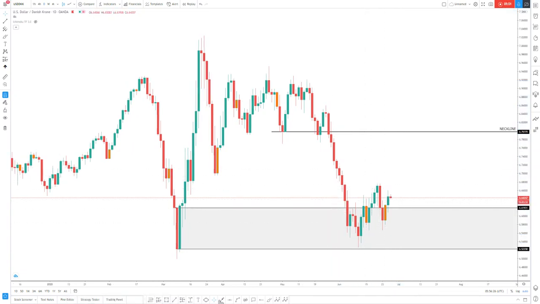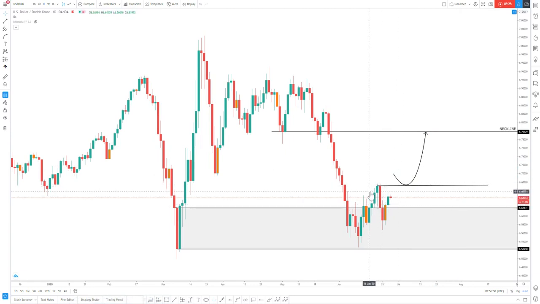Knowing that we have these factors on here, I'll be monitoring this high right here. If price does move above it, then I'll look to go long on USD DKK.